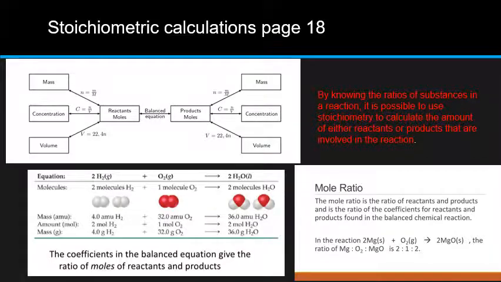So keep that in mind, and we're going to look at how we can practice this mole ratio, and how we can determine how much we need of a certain ingredient or reactant when we change something in a chemical reaction.